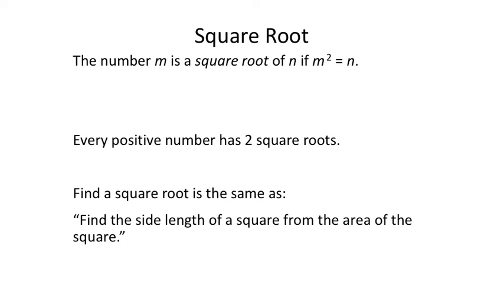All right, the number m is the square root of n if m squared equals n. Here's what it's saying. This actually goes back to principles of equality. If you were to square root both sides right here, you end up with m equals the square root of n.